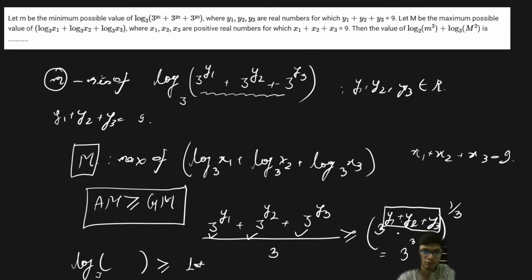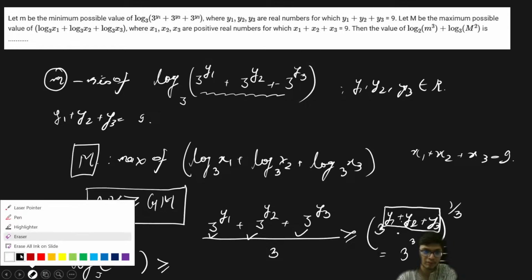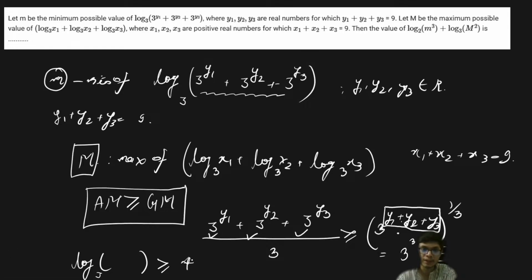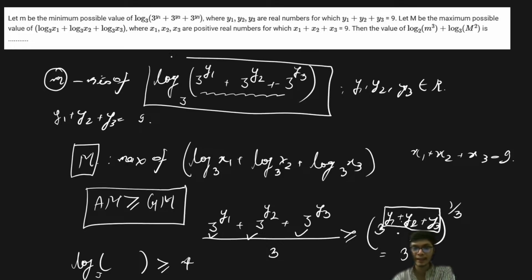So this value is going to be greater than or equal to 4. Therefore the minimum value of this expression is going to be equal to 4. So the minimum value, small m, is equal to 4. I hope this is clear to all of you, right?